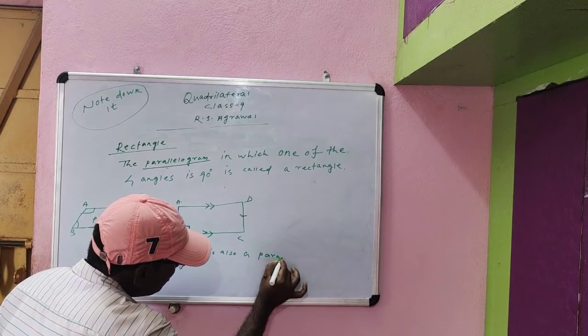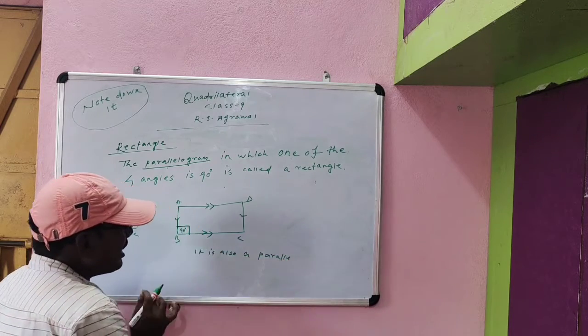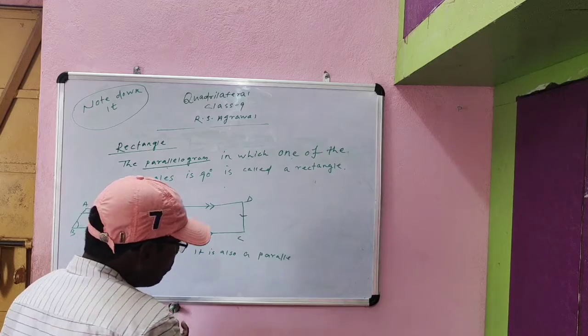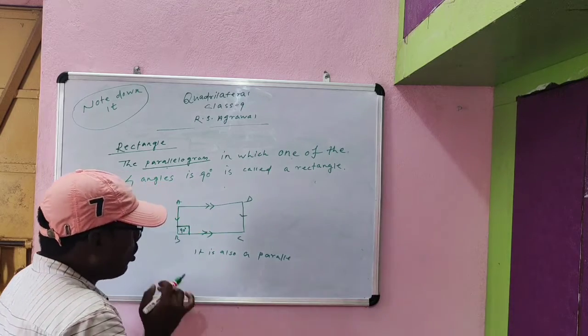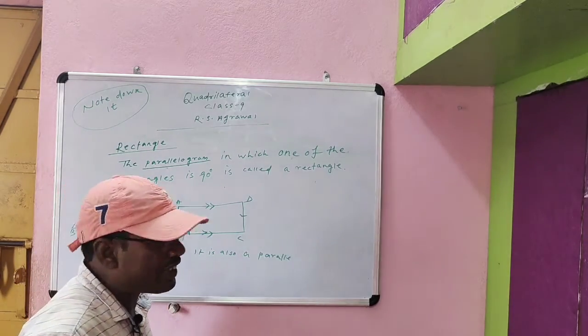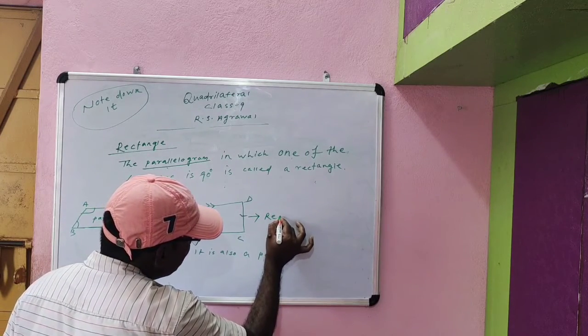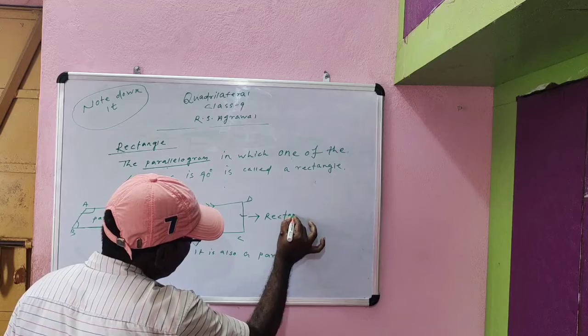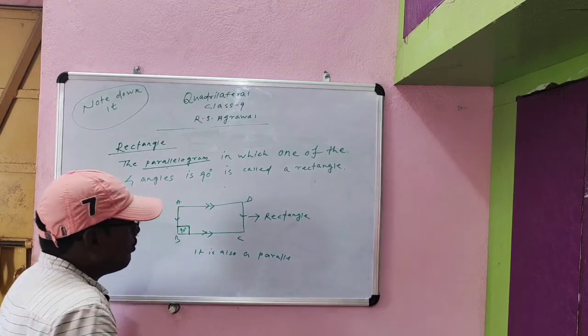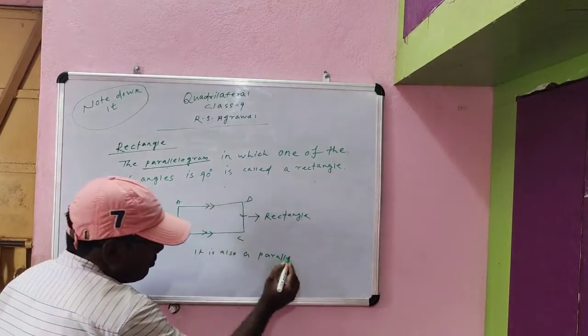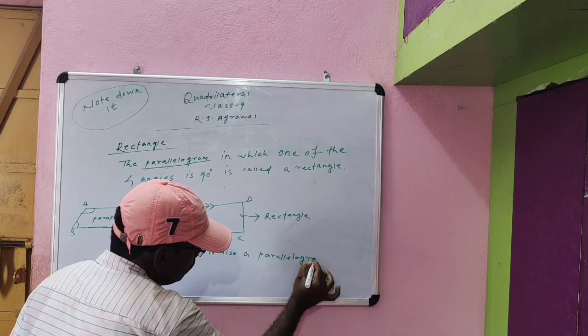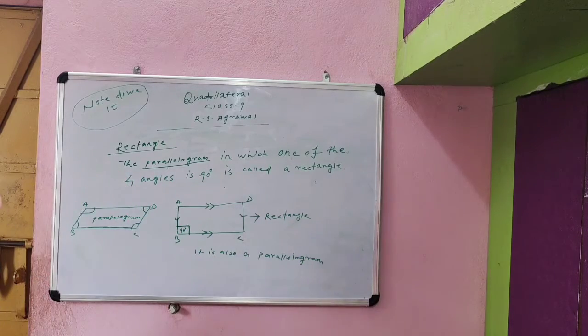But in this parallelogram, one angle is 90 out of the four angles. Therefore, its specific name is rectangle. But it is also a parallelogram. So note it.